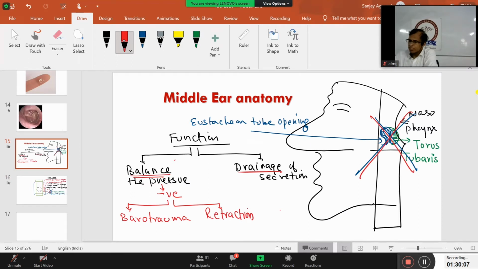Similarly, if there is no drainage, the fluid is not coming out, so the fluid will start collecting. So there is collection of fluid now. And collection of fluid leads to what is called otitis media. The situation is called otitis media.